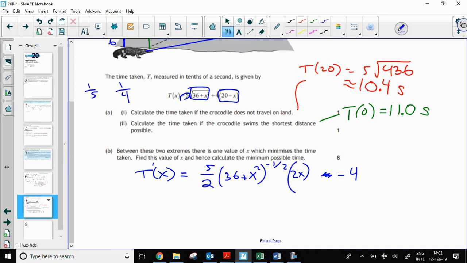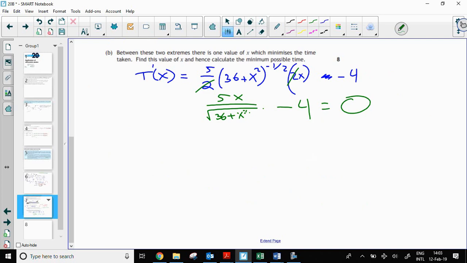And then we're going to set that equal to 0. It would be nice to rewrite this a little bit. The 2 and the 1/2 can cancel, so that's going to give us 5x over that, and then minus 4, setting that equal to 0.